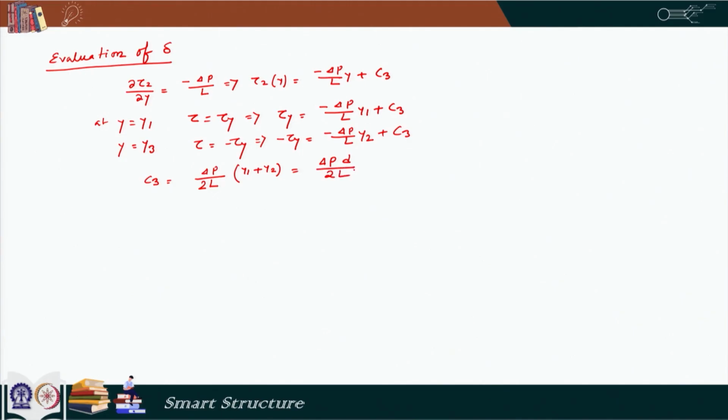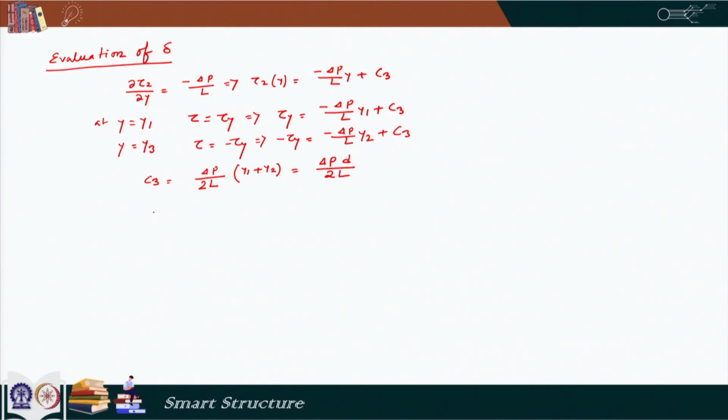Now, we can put this C3 in one of the equations, and that can help us with the evaluation of delta, or we can subtract these two equations also, then C3 gets eliminated and delta can be evaluated, because our y1 and y2 both are linear functions of delta.